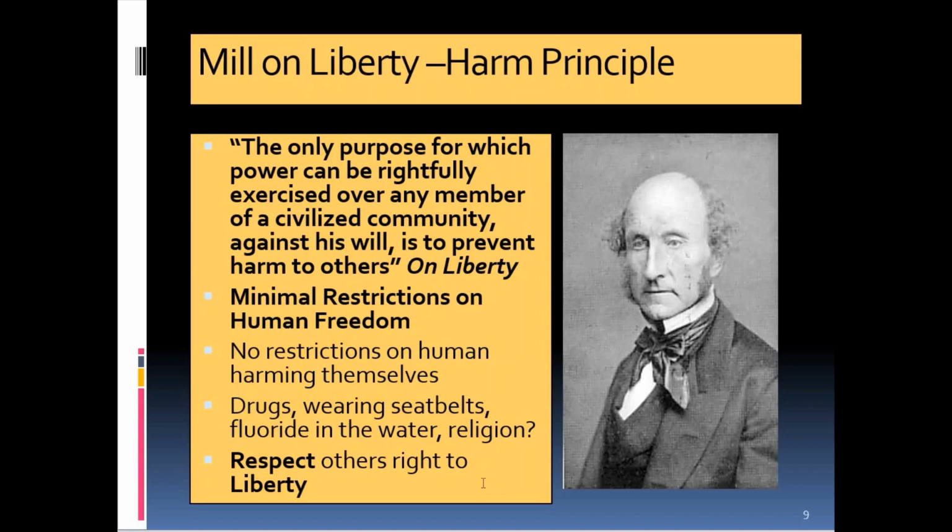Whereas for Mill, I suppose what's important for individuals is self-actualization, right? And therefore government should not be restricting what human beings are doing. In a sense, he's saying, do whatever you want as long as you don't harm others. If you harm others, then the government can come in and engage in coercion or punishment in order to reduce the harm in society.